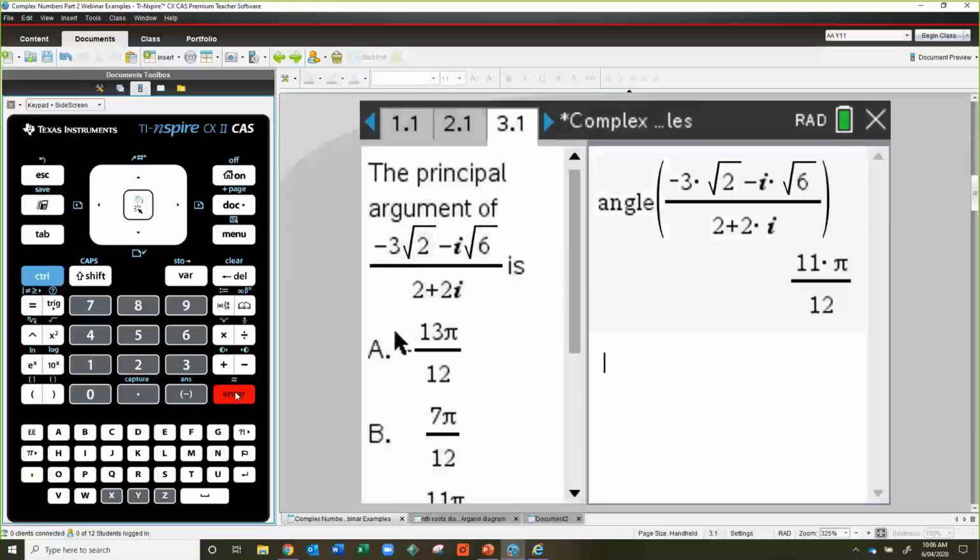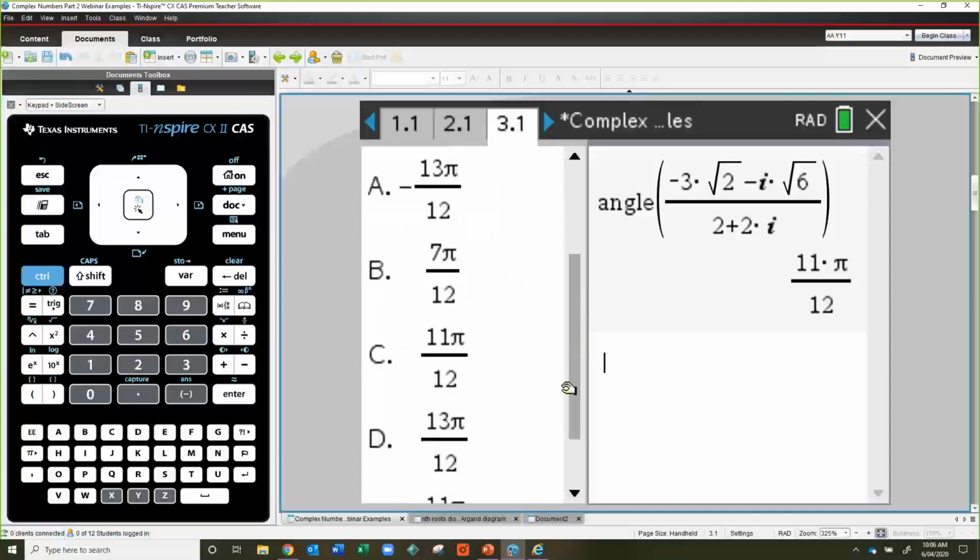If we enter, we get the principal argument as 11 pi on 12. If that's the multiple choice question, our answer is 11 pi on 12.